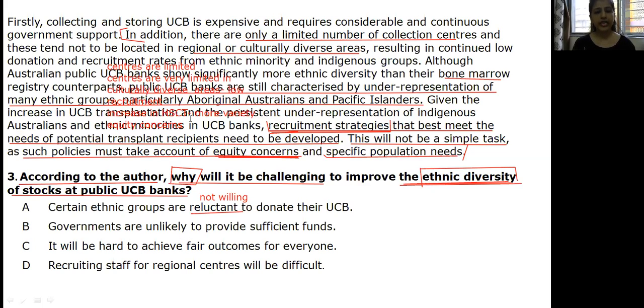So can I straight away remove the option B? Because we are not looking at the financial aspect at all. We're looking at ethnic diversity. So firstly, the topic is about finance. Second topic is about ethnic diversity.